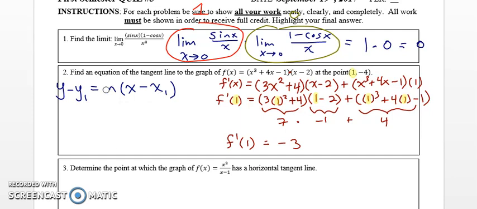In calculus, the slope m is the derivative, f prime of x, but we want it at x equals 1, so that's f prime of 1, and we substitute the negative 3 that we just found. y1 and x1 we get from the point 1, negative 4, so y minus negative 4 is equal to negative 3 times x minus 1. I just got these points from here.